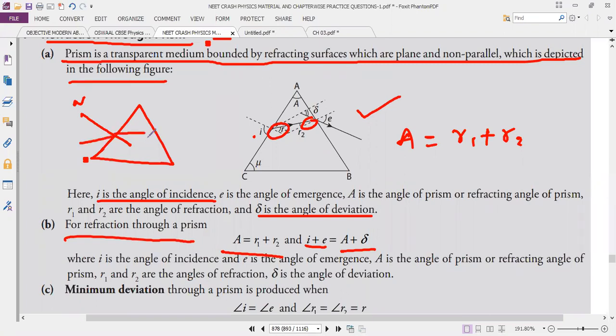This is refraction 1 and 2. This is the emergent ray. This is the normal. At this point, the extended lines of the incident and emergent rays will meet, and this angle is delta. I will show you very clearly in this one.